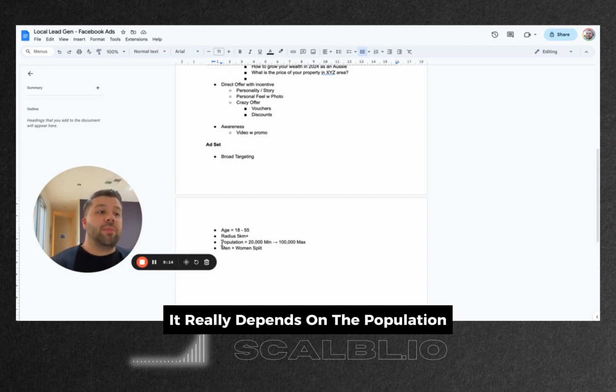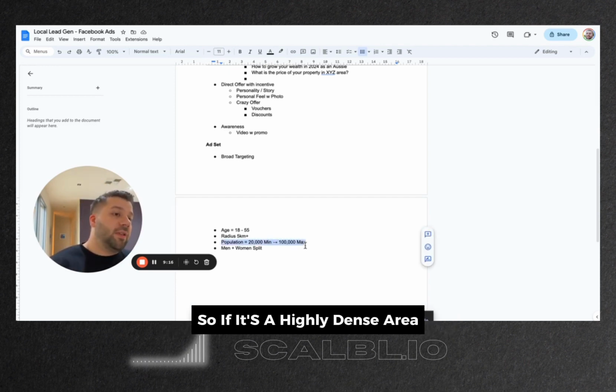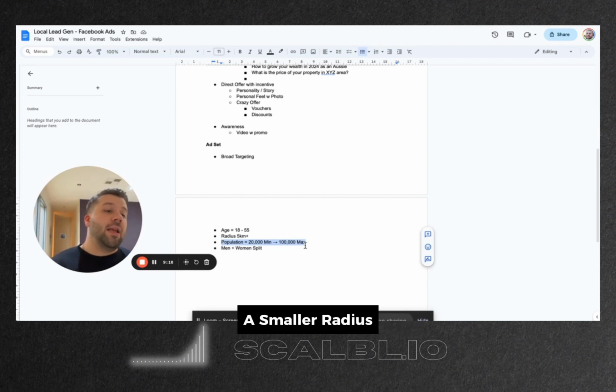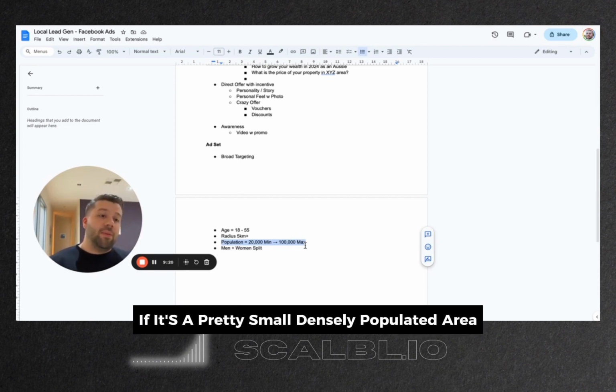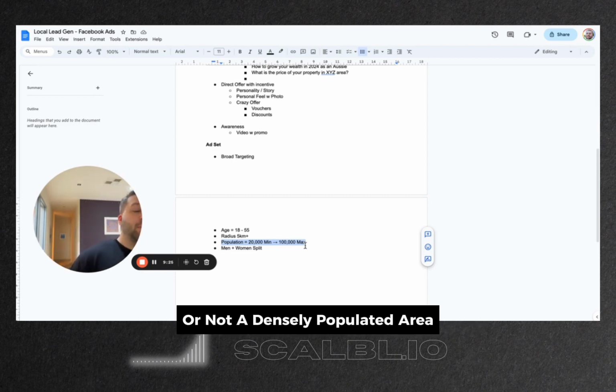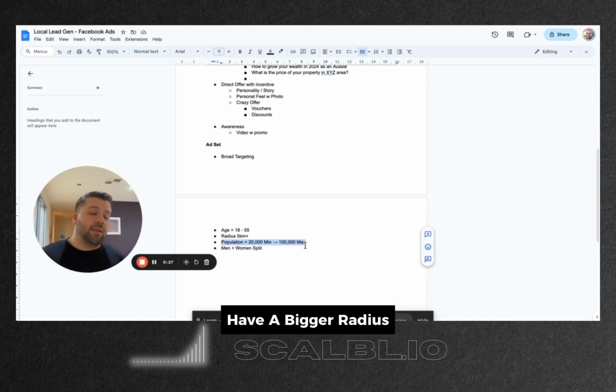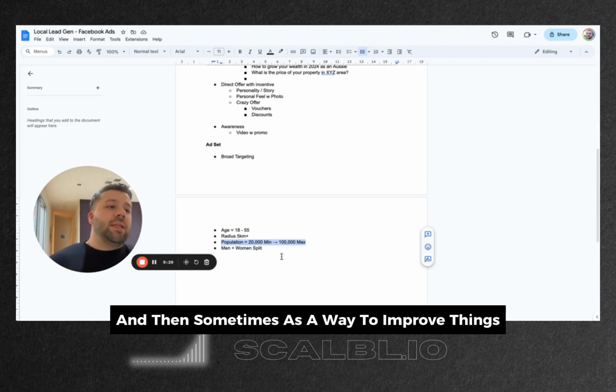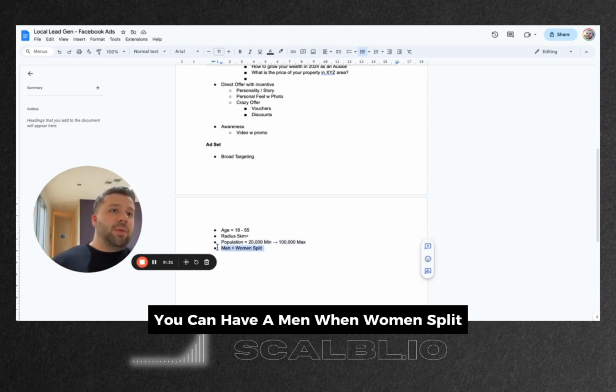It really depends on the population. So if it's a highly dense area, a smaller radius. If it's not a densely populated area, have a bigger radius. And then sometimes as a way to improve things, you can have a men and women split.